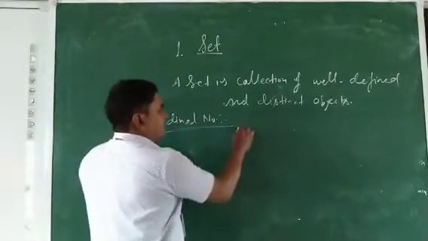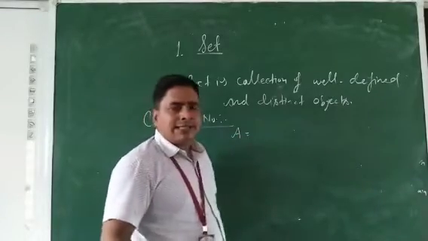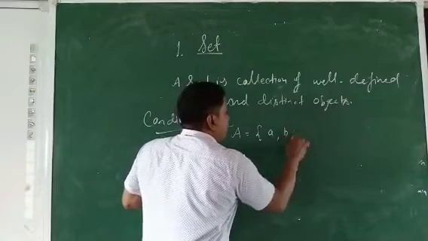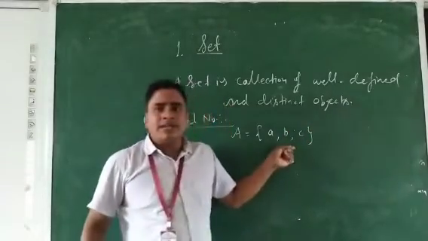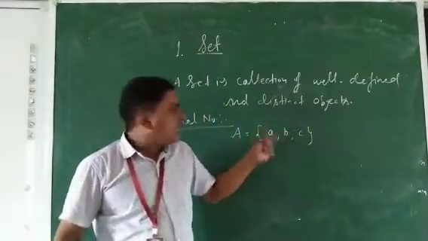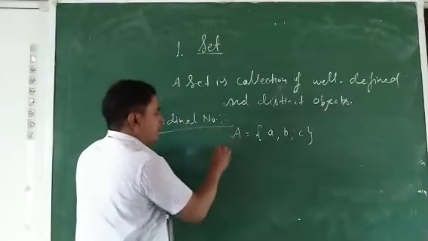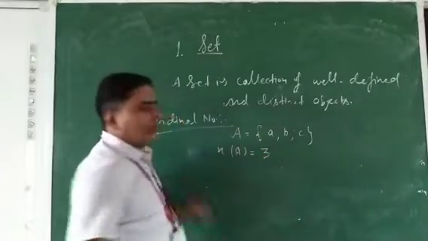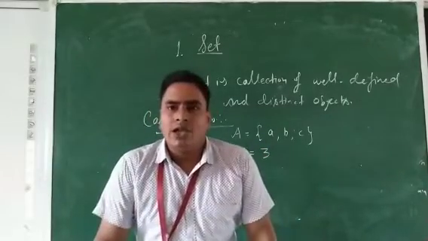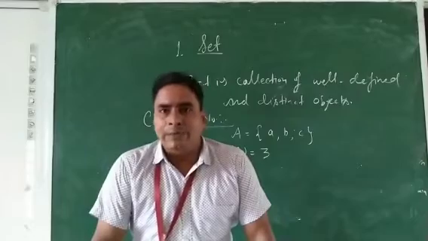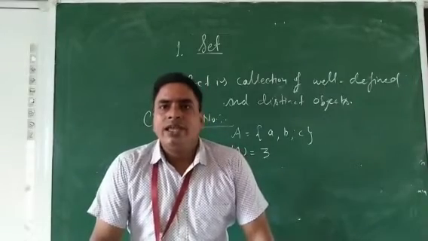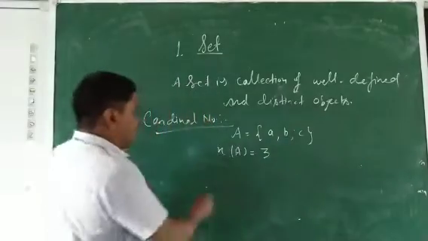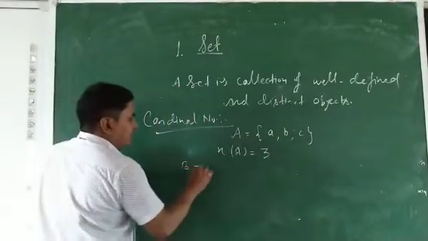Suppose, for example, we take a set A = {a, b, c}. See here, how many elements are there? 3. So we can represent the cardinal number by n(A), which is 3. Cardinal number means the number of elements of a set. Clear? Okay.